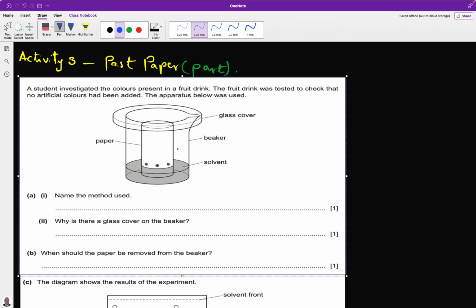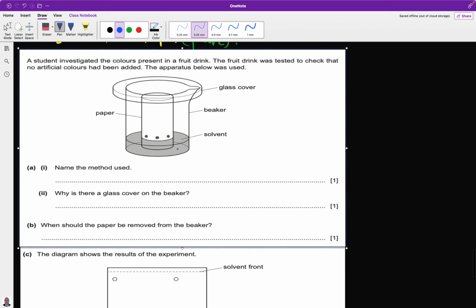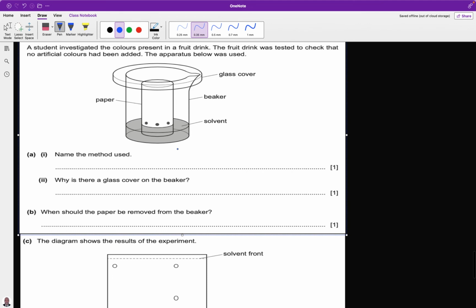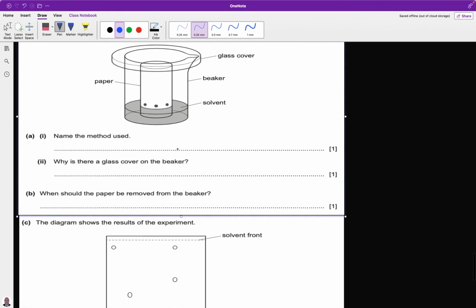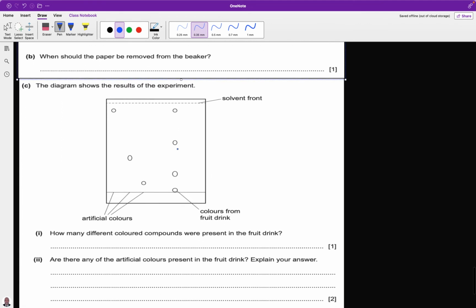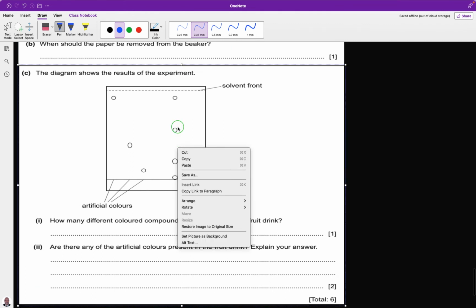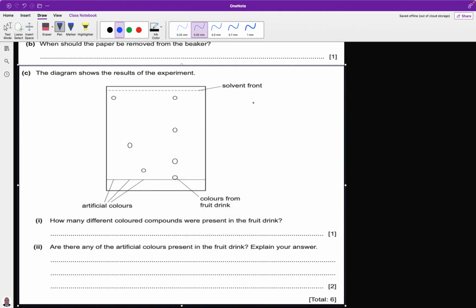It takes us to the C part of the question. The diagram shows the result of the experiment. We have the chromatography paper well outlined.